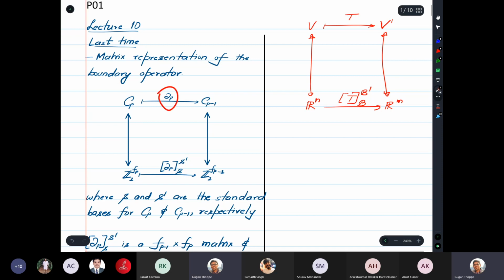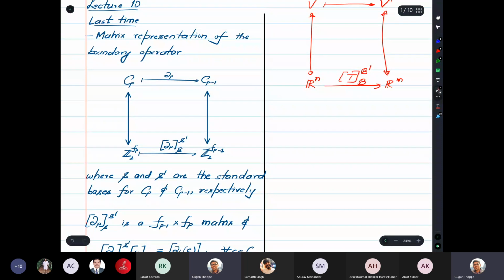If Daba P is the operator, then this notation denotes its matrix representation, and you can see there is S and S prime over here. These emphasize the basis that we use for CP and CP minus 1, and S and S prime represent the standard basis. Standard basis means for CP, we let B be the basis for CP.